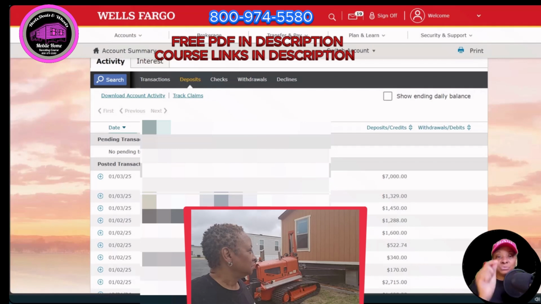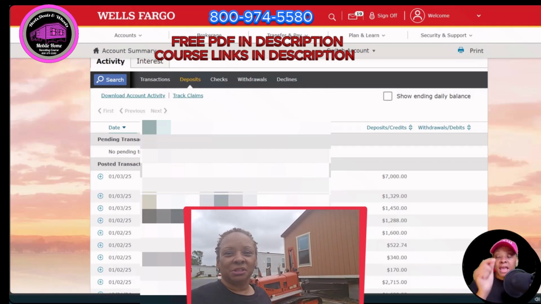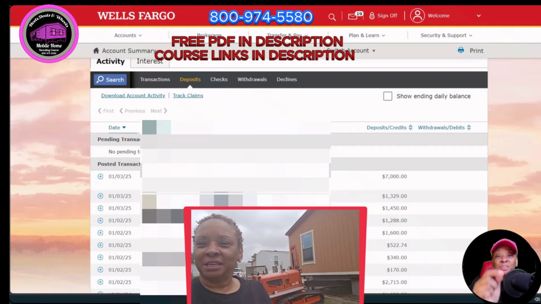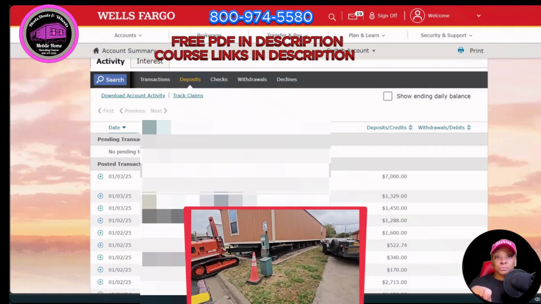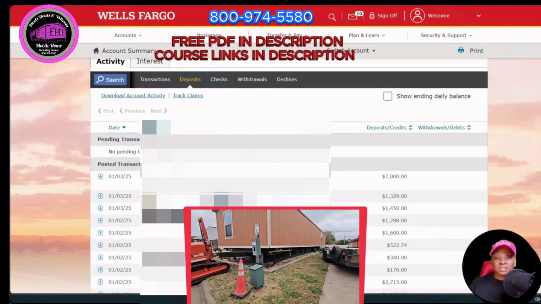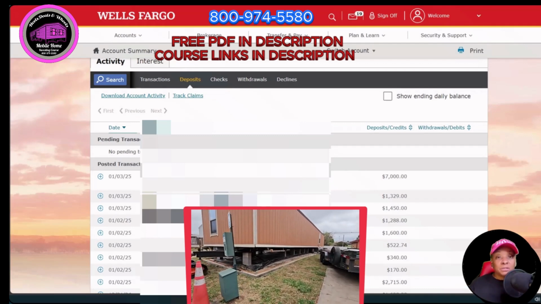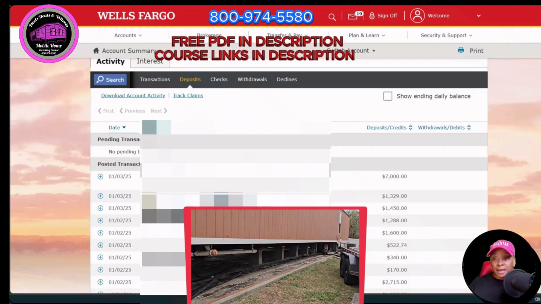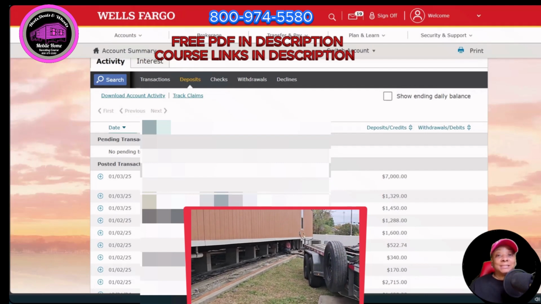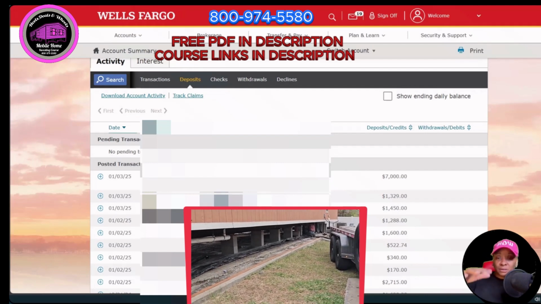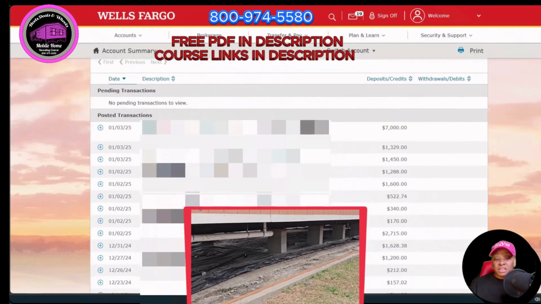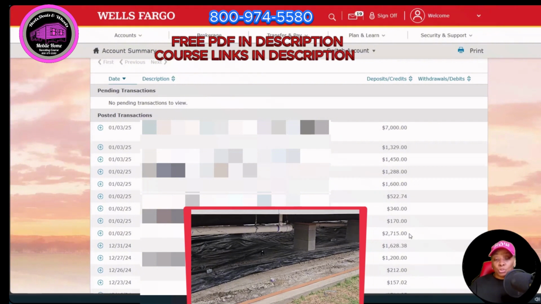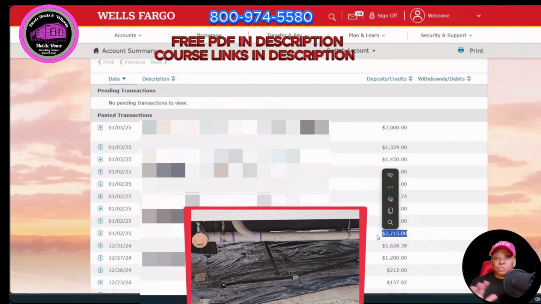I am going to go to that particular deposit first, and then we're going to talk about the other deposits. Remember, guys, not all of our deposits have hit yet because this is not yet the 15th. We get our last payment roughly around the 15th or so. So this is the deposit I want you to pay attention to.